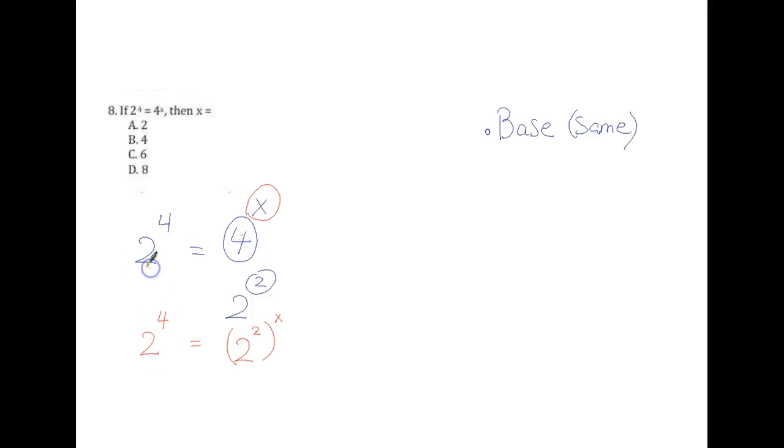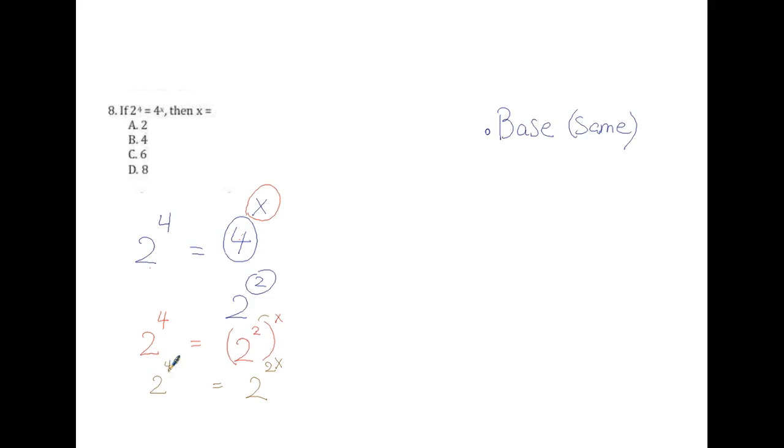I haven't changed anything here. But then, hopefully those of you who watched the video about the power rules know that 2 squared all to the power x, you just multiply the powers. So this is equal to 2 to the power 2x equals 2 to the power 4.